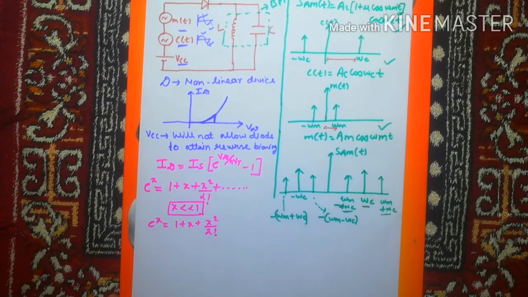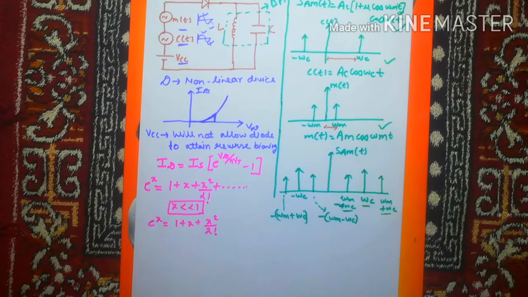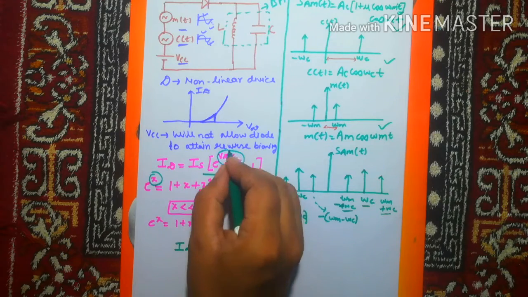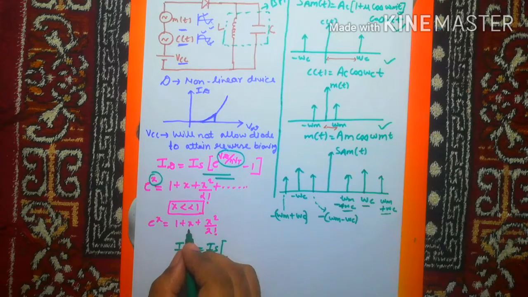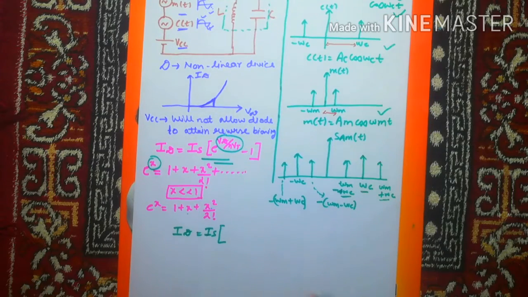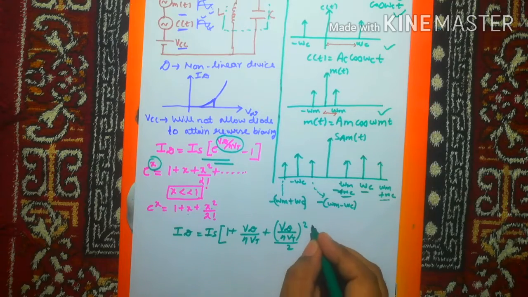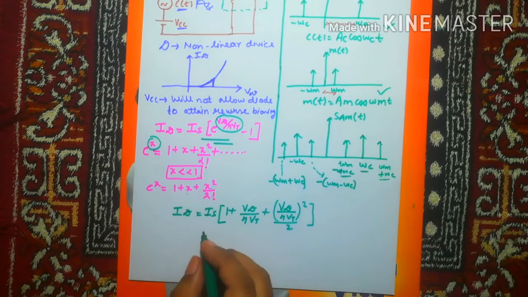So what I can write here is that ID equals Is. Let us suppose this x denotes Vd upon eta Vt. So you can put Vd upon eta Vt as x in this equation: 1 plus Vd upon eta Vt plus Vd upon eta Vt squared divided by 2, minus 1.